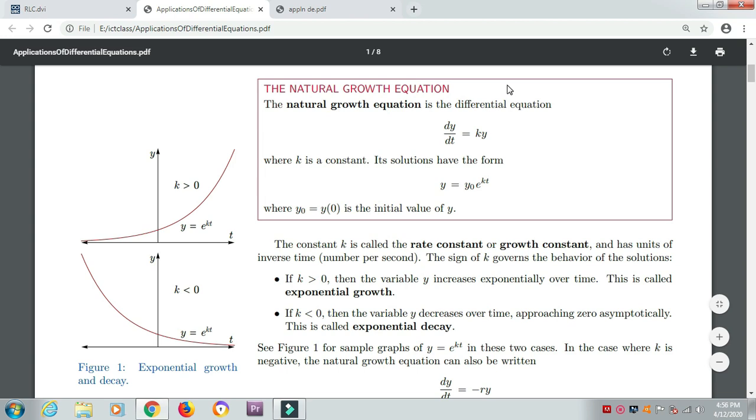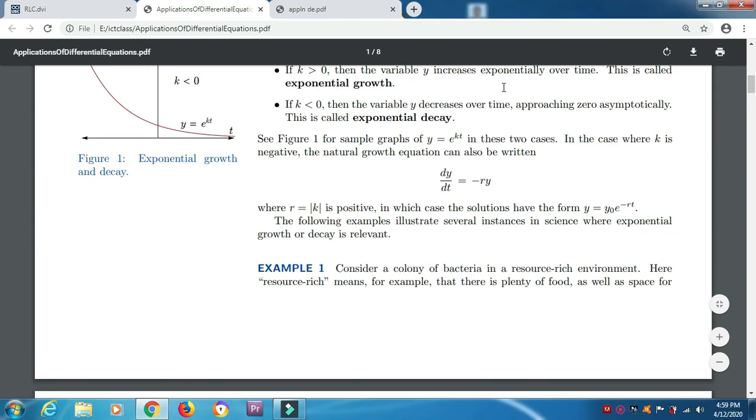We have the solution y equal to y naught e power minus rt. The following examples illustrate several instances in science where exponential growth and decay are relevant. Consider a colony of bacteria in a resource rich environment.